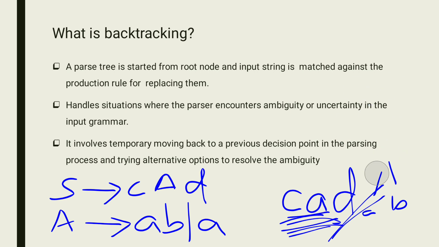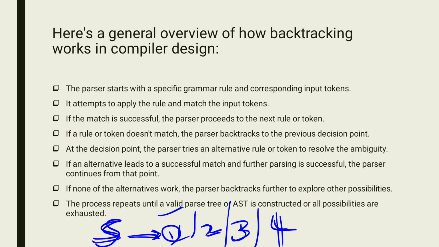Sorry, I'll explain with a different one. If none of the alternatives work, the parser backtracks further to explore other possibilities. The process repeats until a valid parse tree is constructed or all possibilities are exhausted. So we have discussed how backtracking works. Now with the help of an example, we will understand clearly how it works.